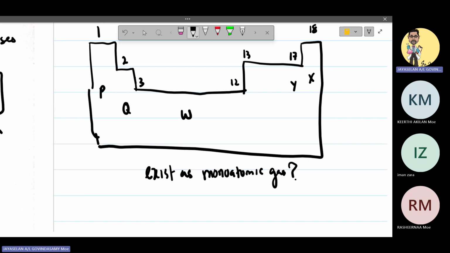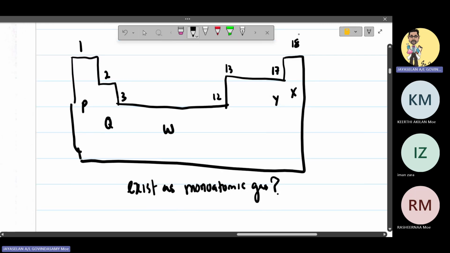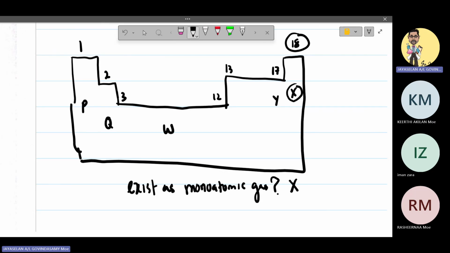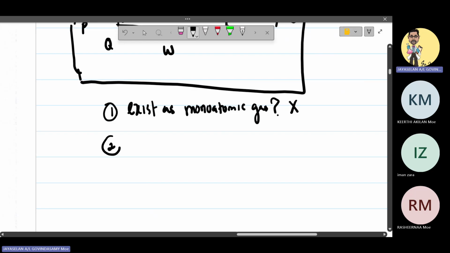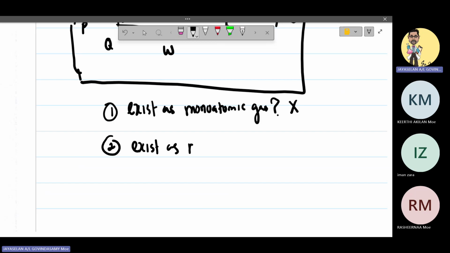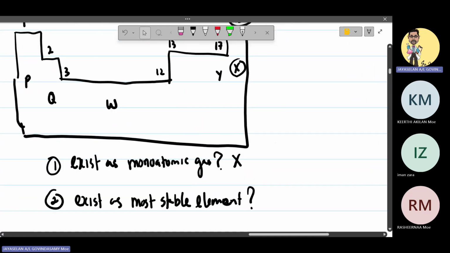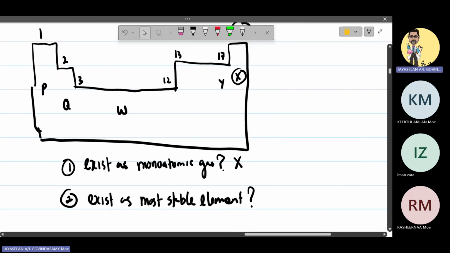Look here, take element X, put it, and you take 1 mark. This is the first question this year. The second question: which of the following elements is the most stable? Most stable monoatomic, you take this and put it directly.